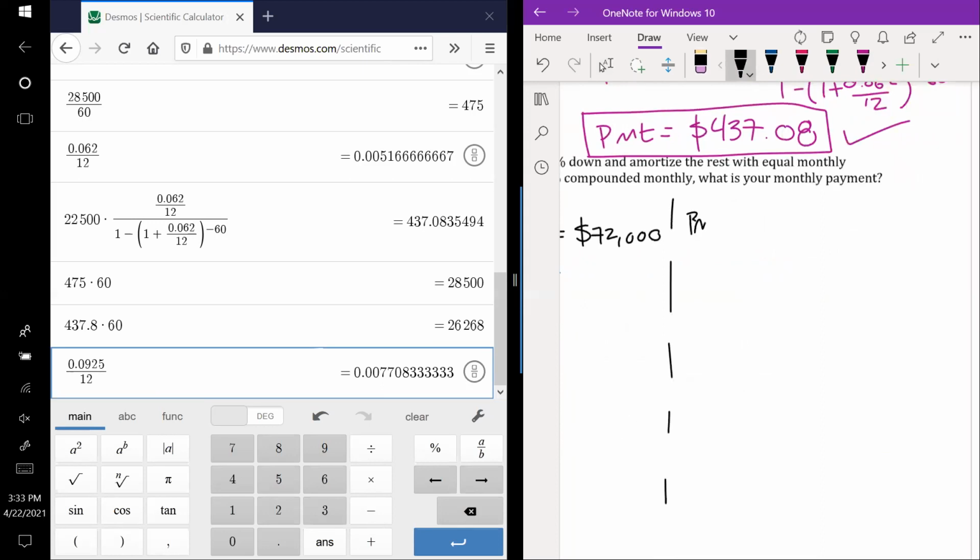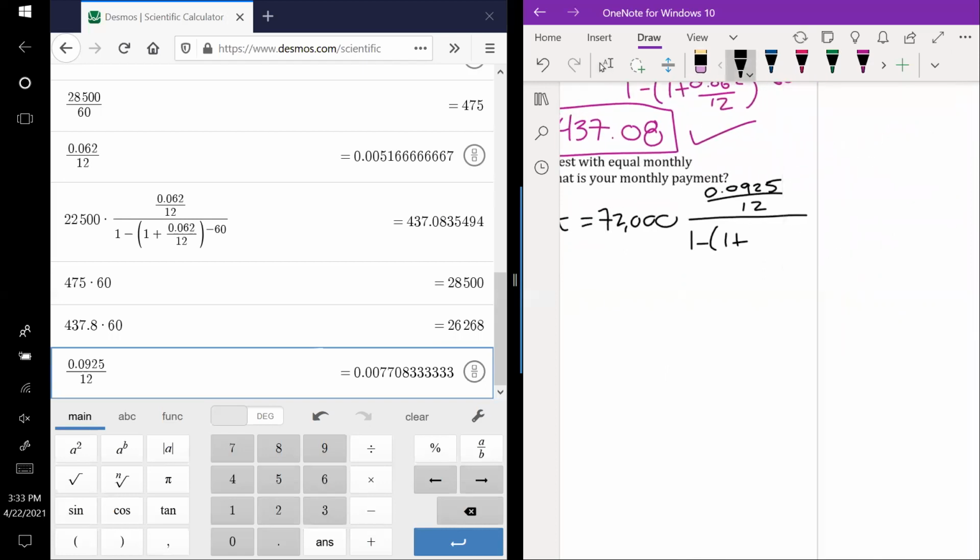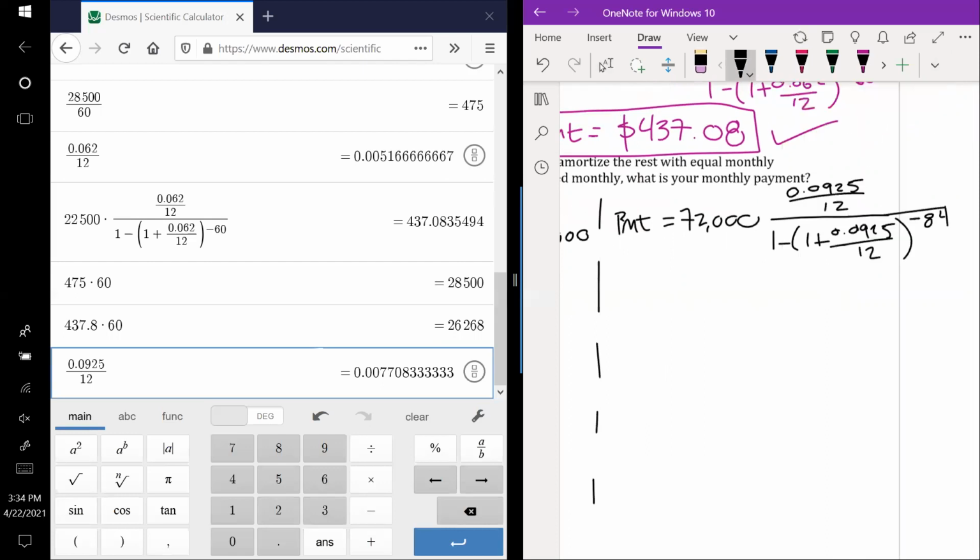All right, so payment is going to be 72,000 times I, which is 0.0925 over 12, over 1 minus 1 plus 0.0925 over 12 raised to the negative 84.